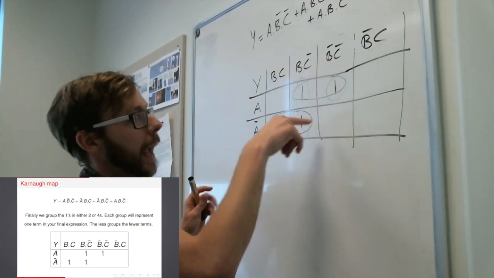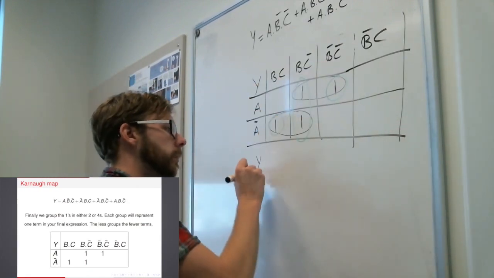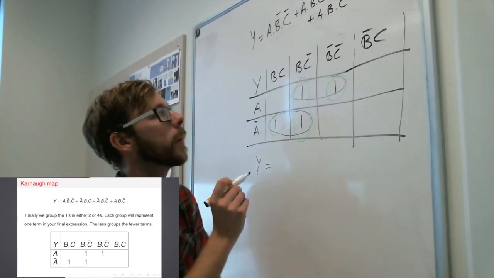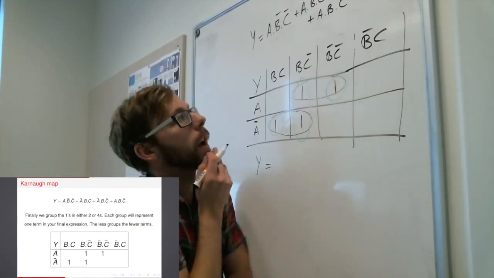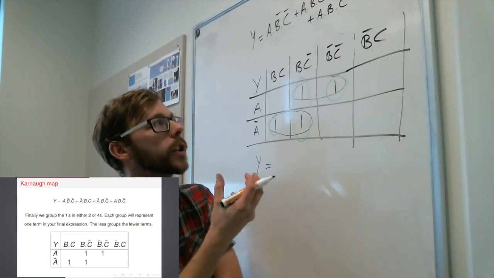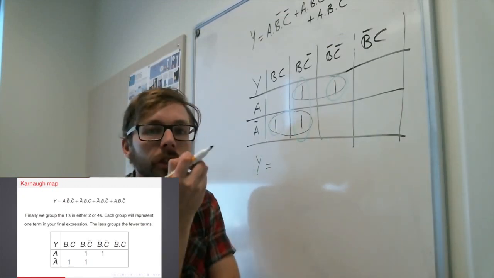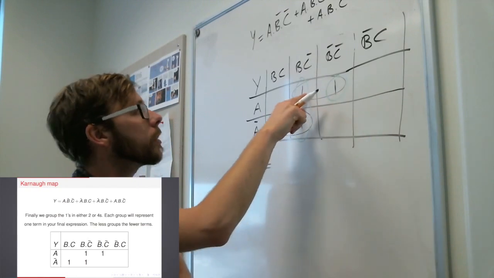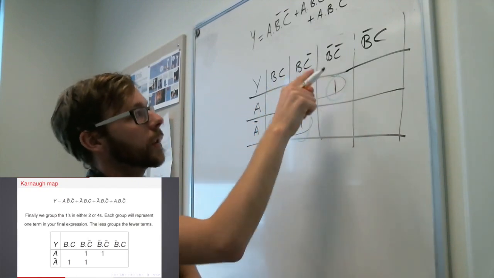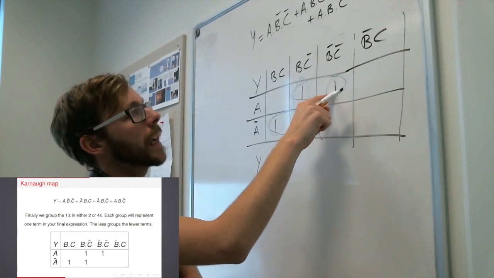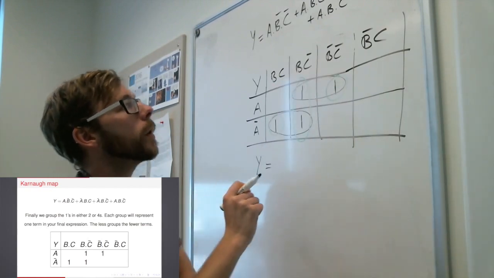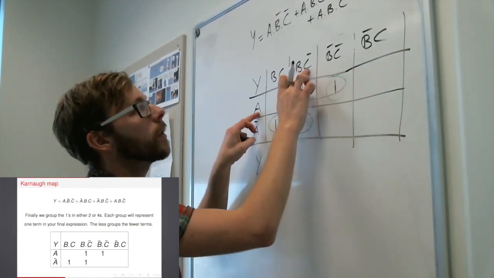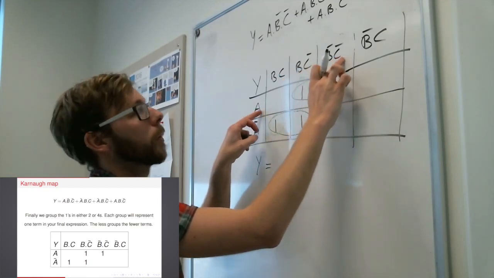So how do I get those terms? Look at the black groups at the moment. So here's my output expression. When I'm looking at one group, I'm really asking the question, what doesn't change between these two terms? This term here is A and B and not C. This term here is A and not B and C. What you can see there is that the A and the not C are the same for both terms.